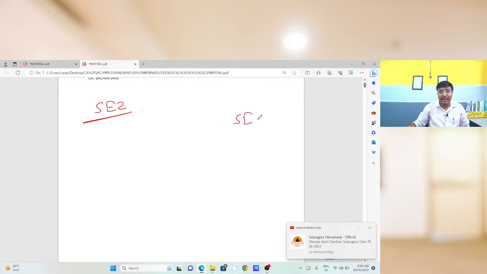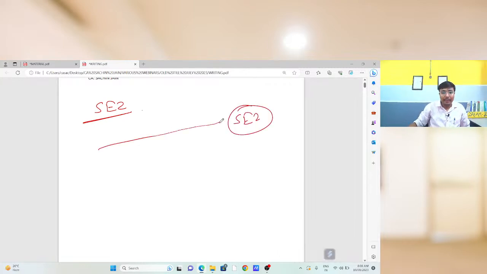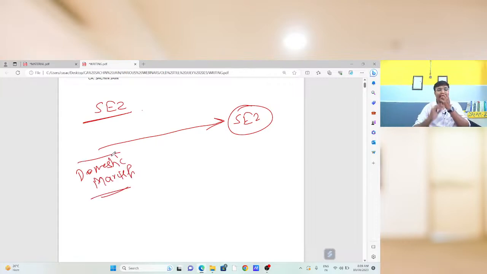Suppose this place is SEZ and someone is going to sell a certain product from the domestic market, that is the non-SEZ area.